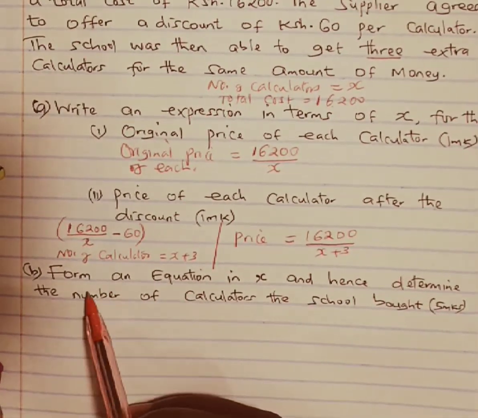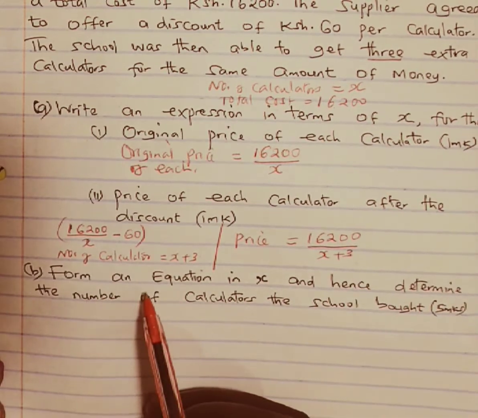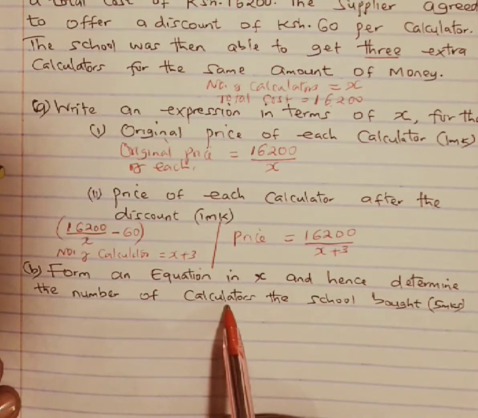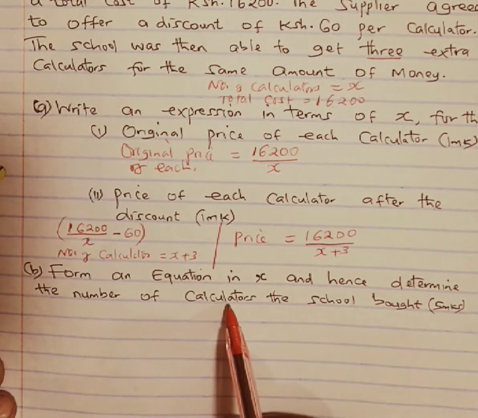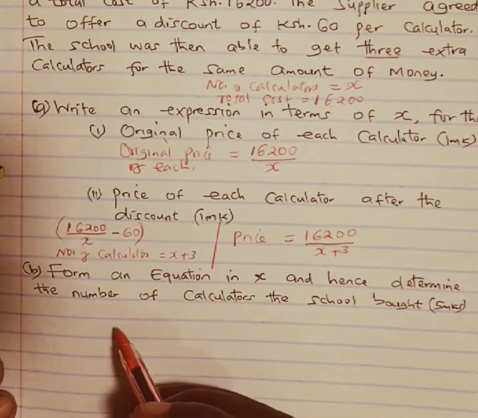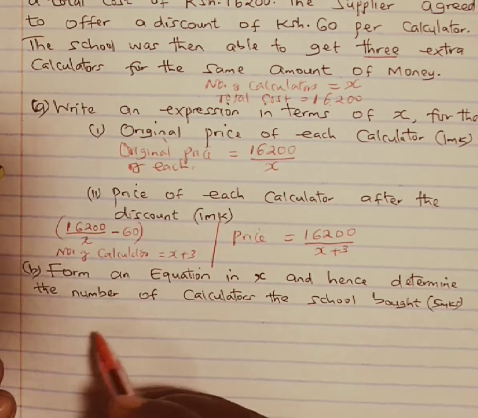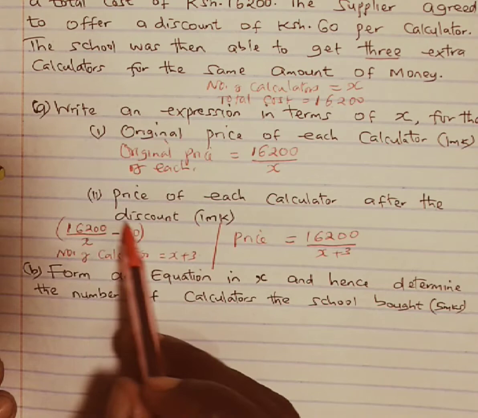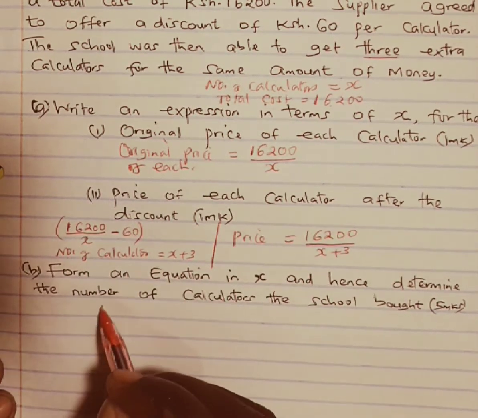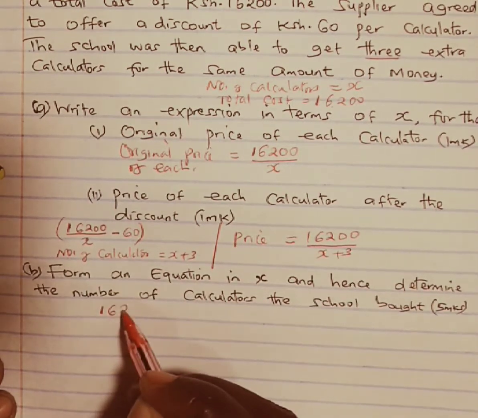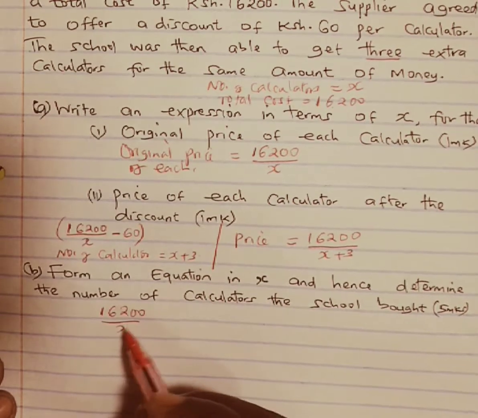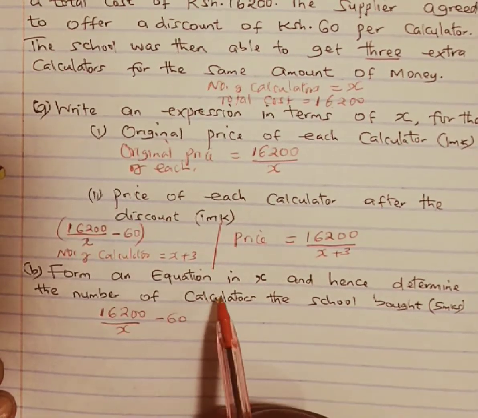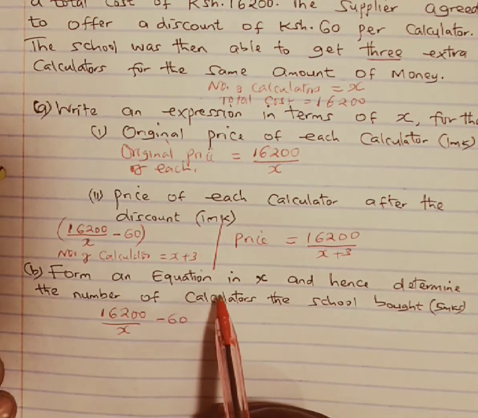Part B, form an equation in X and hence determine the number of calculators the school bought. We know that each calculator after the discount will cost 16,200 divided by X minus 60, because the school is going to buy the calculators after the discount.